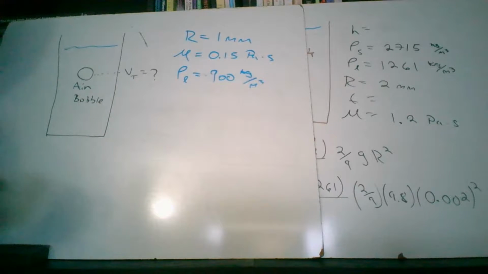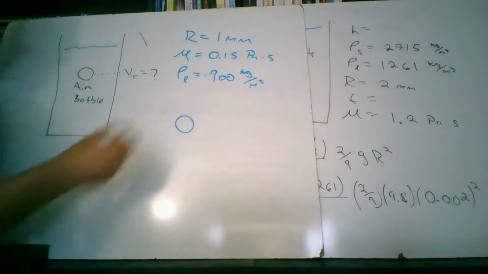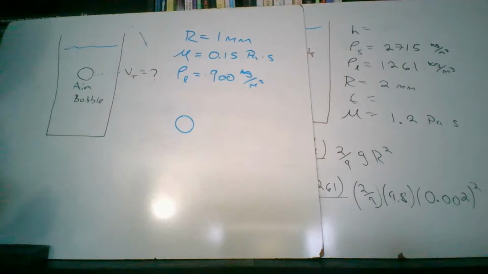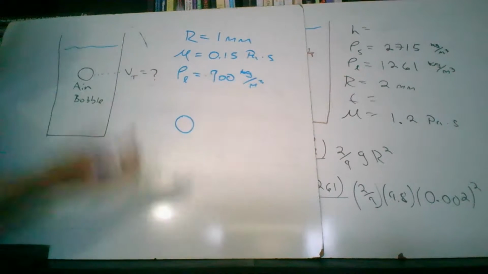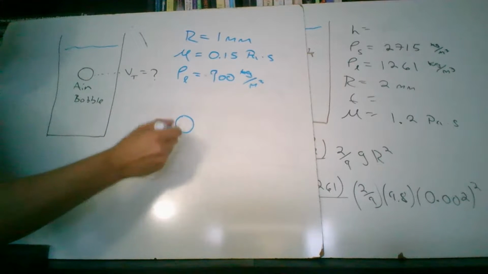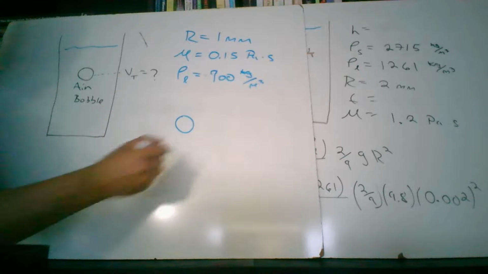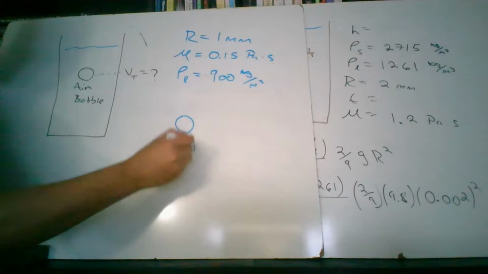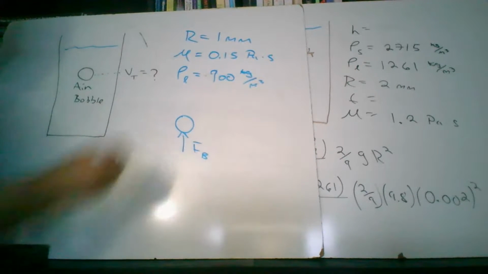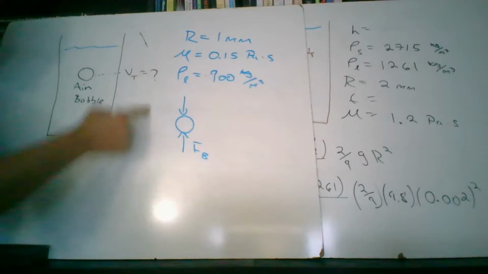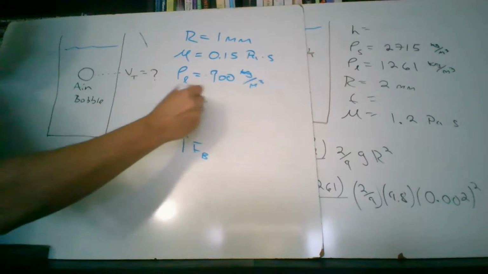So in order to find the terminal speed, you need to draw your free body diagram. In this case, there are going to be two forces acting on it. An air bubble, for all intents and purposes, has like zero weight to it. It's going to be going up. So here, the only two forces that are going to act on it are the buoyant force, which is pushing it upwards, and the drag force, which opposes the motion of it.